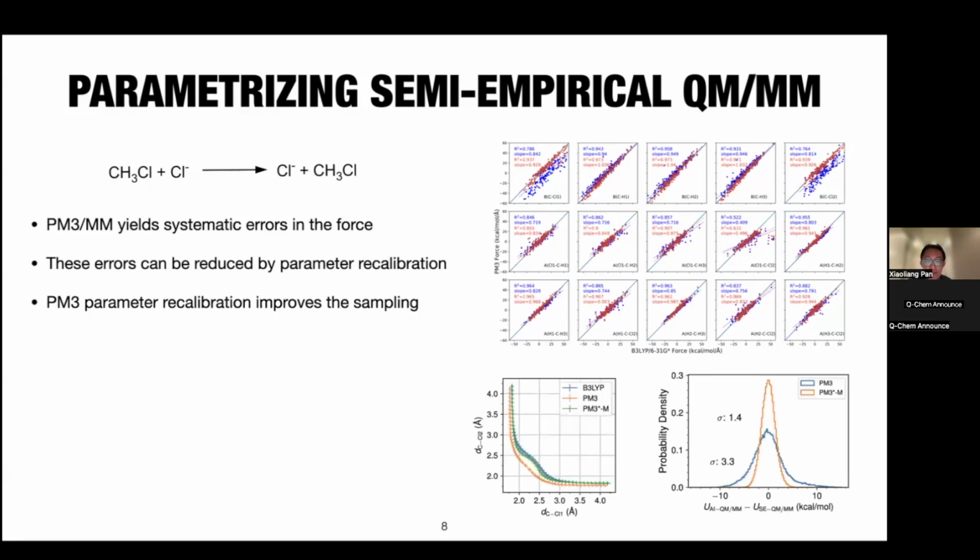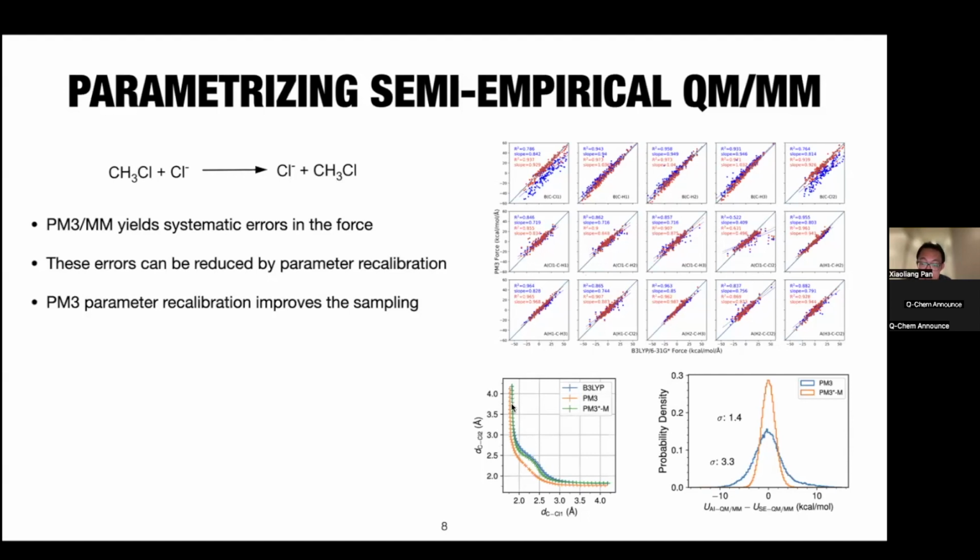And also during the parameterization, we can also use QMHub to evaluate the empirical method at each of the optimization steps. And these red dots are after the optimization. So we see a much better agreement.